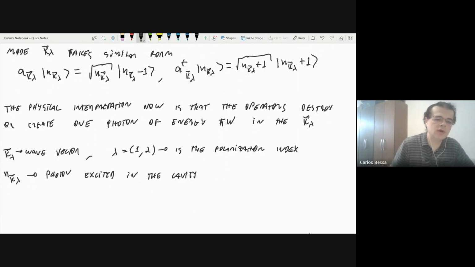The definition of n is similar to what we did in the harmonic oscillator case, in terms of the creation and annihilation operators.